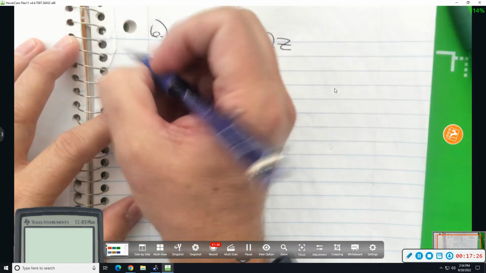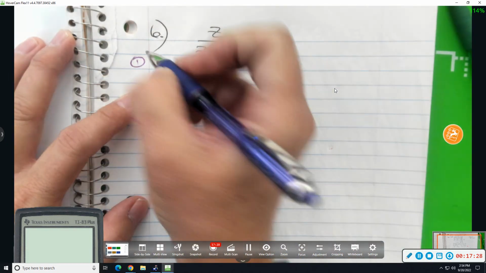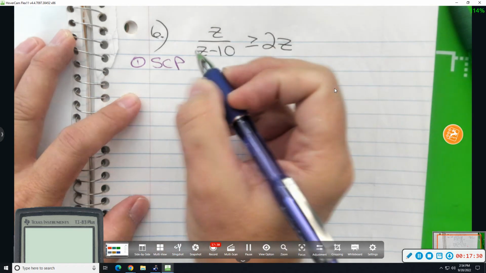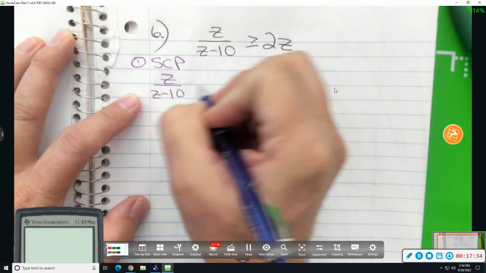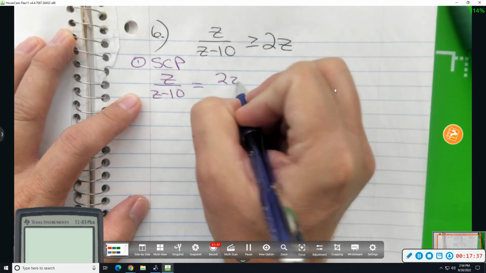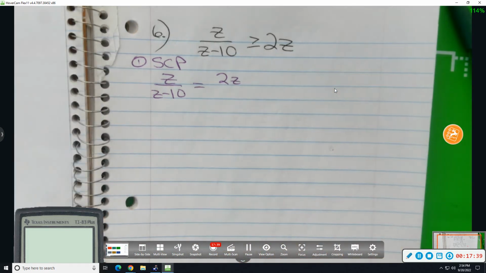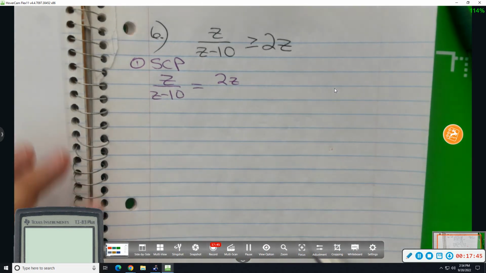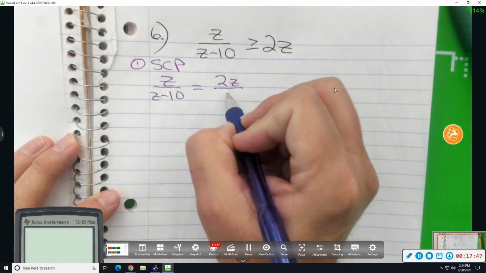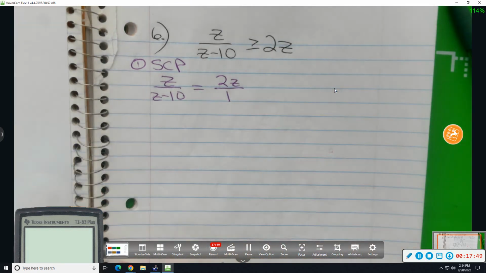So here's step number 1. We're finding solution cut points. z over z minus 10 is equal to 2z. Those are z's, not 22's. And we're now solving an equation. We know how to solve an equation that's written in the form fraction equals fraction.